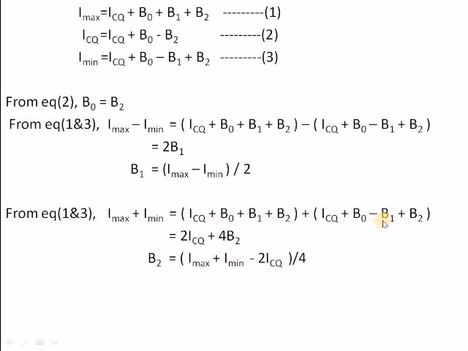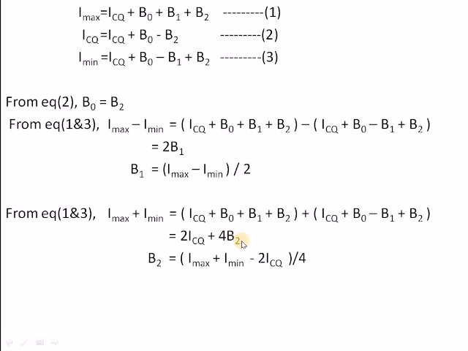B1 minus B1 will get cancelled, B2 plus B2 is equal to 2 B2. Already we have 2 B2 plus 2 B2, which is 4 B2. Therefore the equation becomes 2 ICQ plus 4 B2.